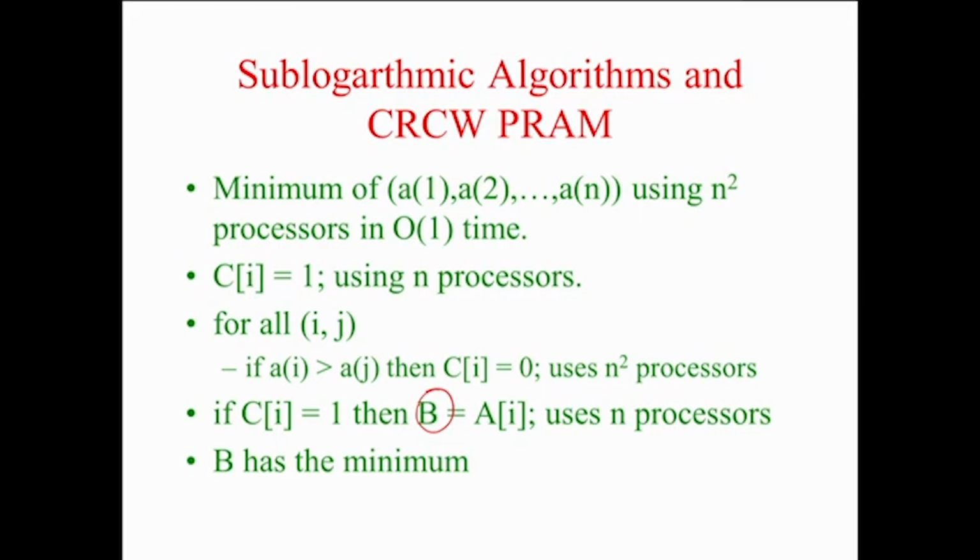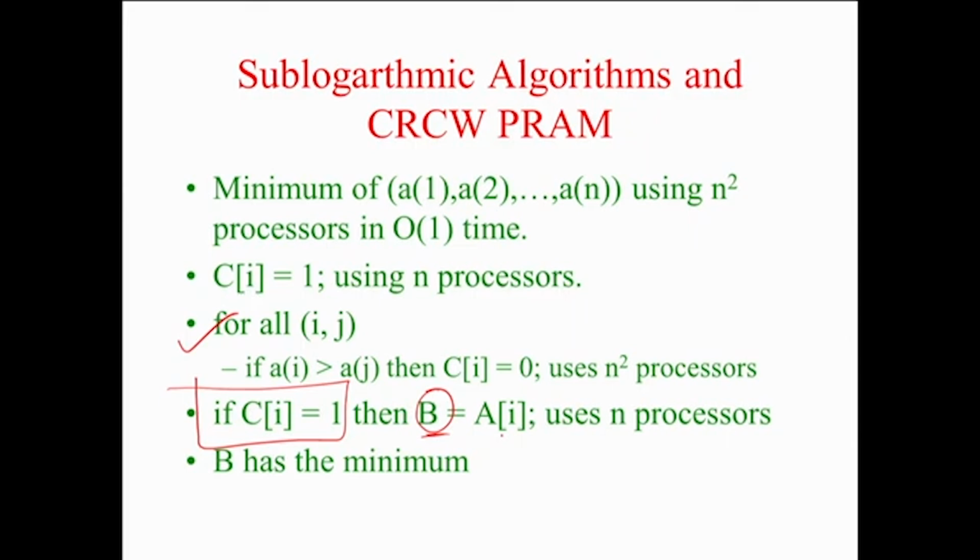So please note that at the end of the for all i, j step, Ci will still remain 1 only if it is the minimum. If it is one among the minimum, there could be many elements with the same minimum value. And then I say if Ci equal to 1, then B equal to Ai. So several fellows will start writing into B, but all of them will write the same value.